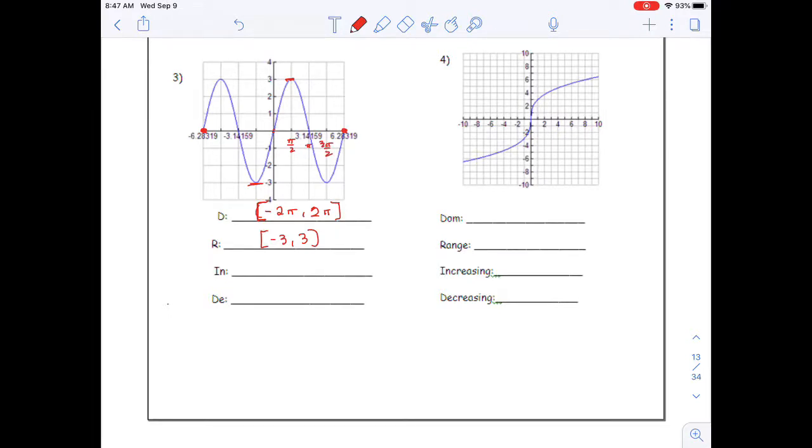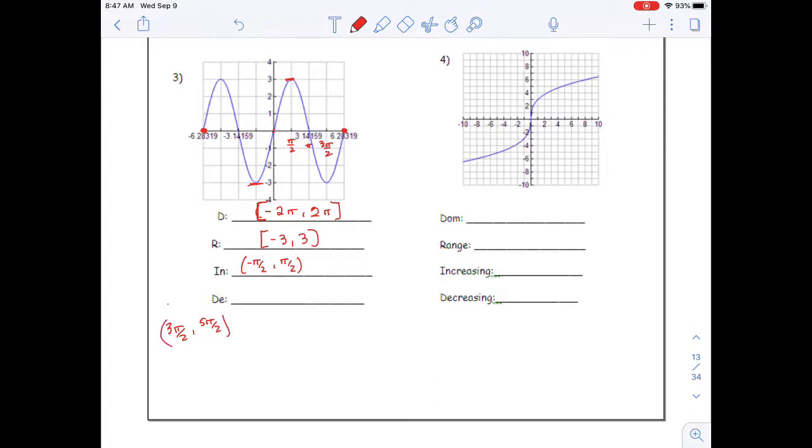So we can see that for one interval it increases, from negative pi over 2 to positive pi over 2, but then it also increases from 3 pi over 2 up to 5 pi over 2.